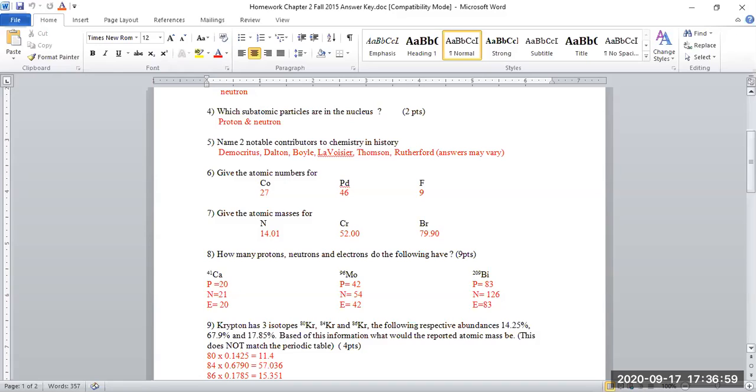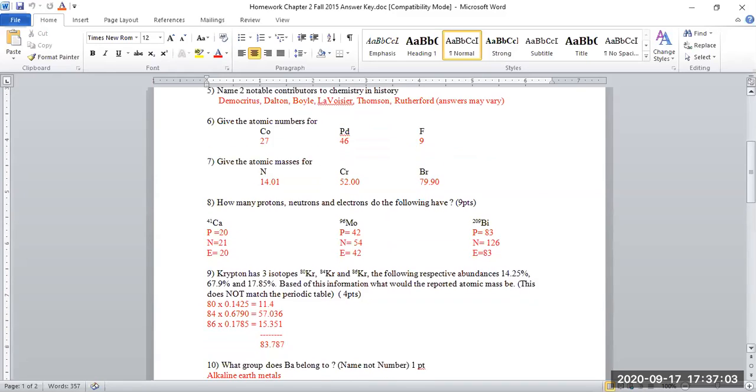Then the other major number information from the periodic table, atomic masses. These ones, remember, according to the weighted average method, most of these are decimal numbers. 14.01 for nitrogen, 52 for chromium, 79.9 for bromine.